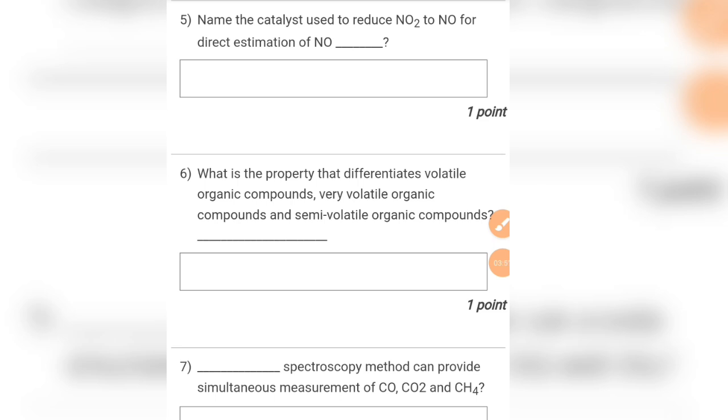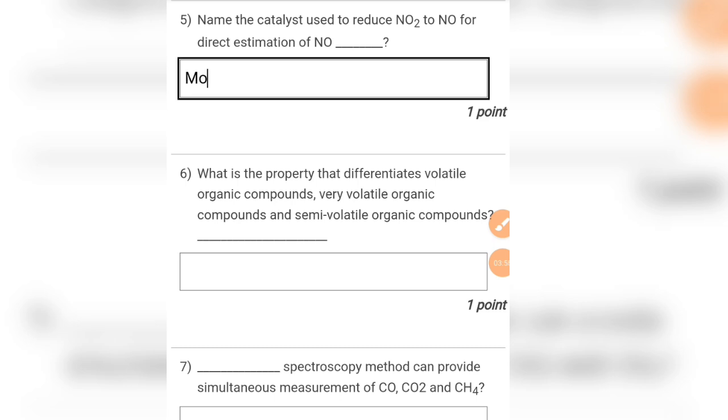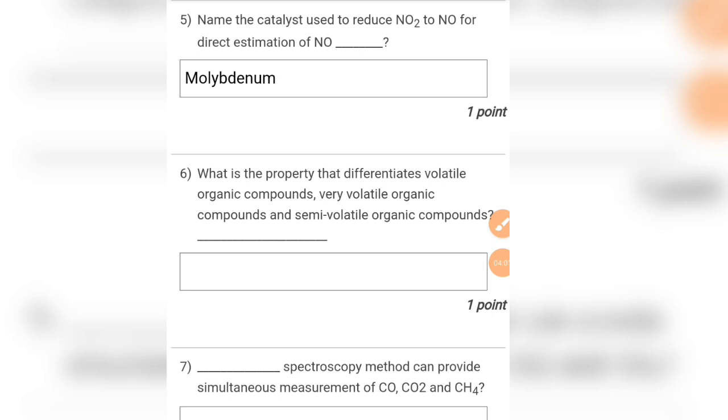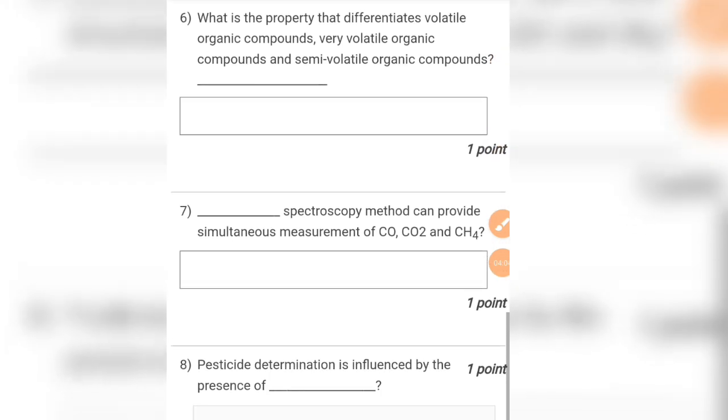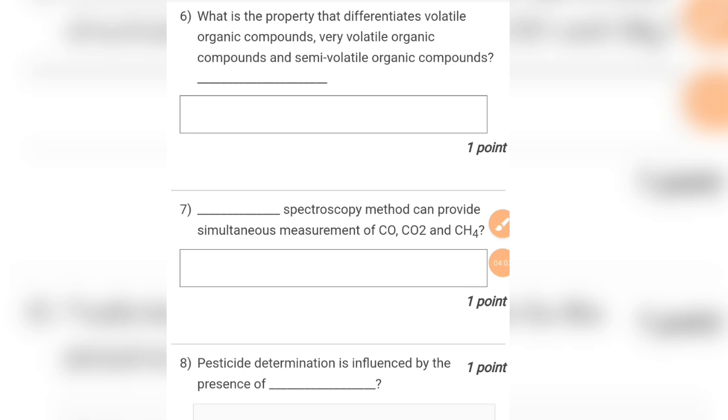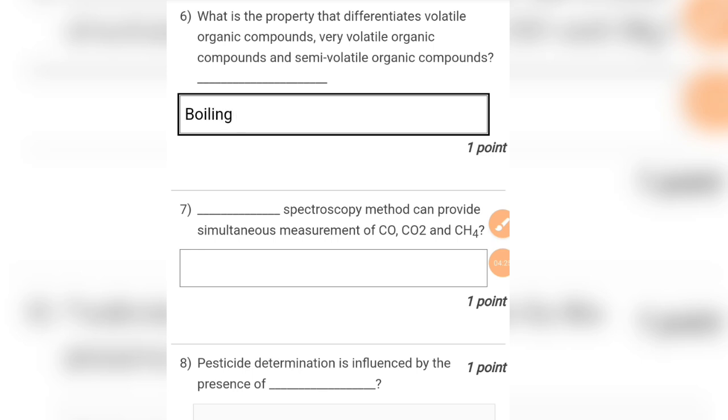So the blank will be filled by molybdenum. Question number 6 is: what is the property that differentiates volatile organic compounds, very volatile organic compounds and semi volatile organic compounds dash. So the blank will be filled by boiling point.